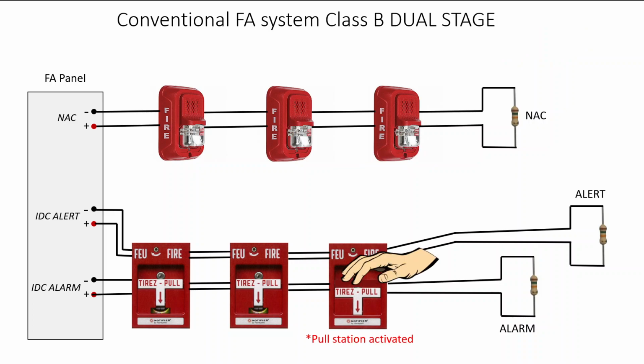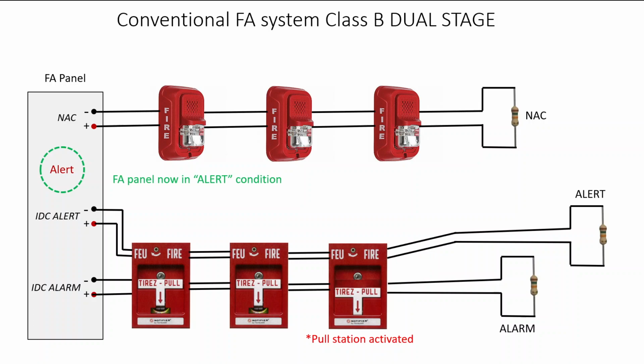What it will do is cause an increase in current, but only on the alert wires. And the fire alarm panel will have been set up in such a way that it identifies that increasing current on the IDC alert loop and it goes into alert. So now we have a pre-recorded message on speaker saying there might be a fire emergency. We're looking into it. Please stand by.